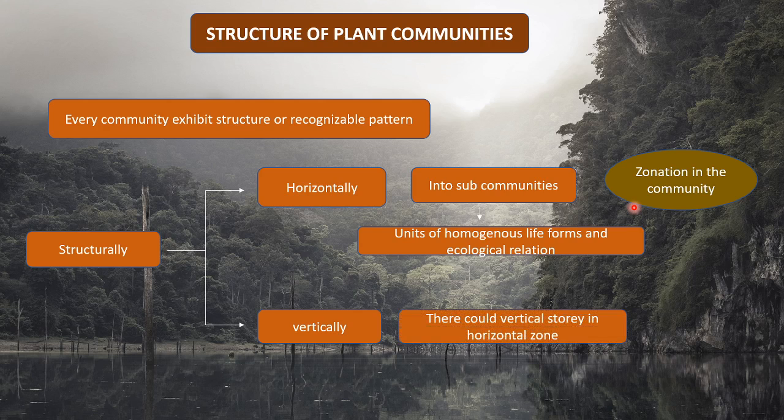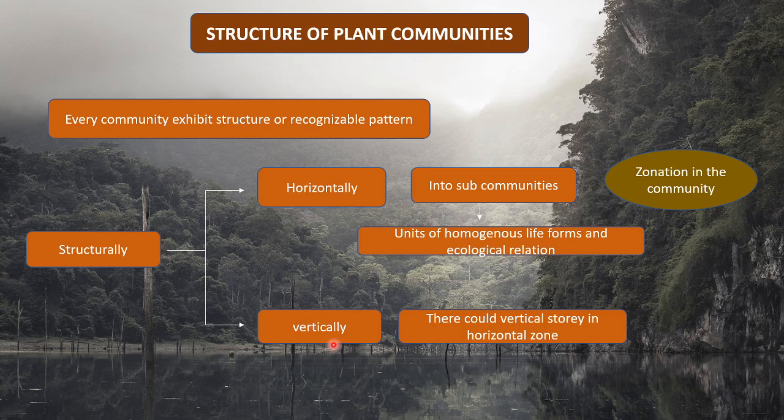And when I say vertical structure, it means that there could be n number of vertical storeys in a horizontal zone. So in one horizontal zone, there could be many vertical zones present. By vertical structure, we mean the different growth forms that are present in the plant community, right?